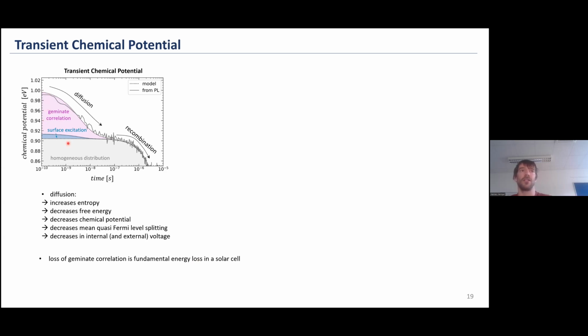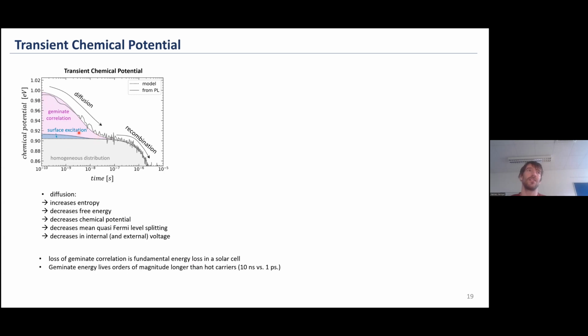It's quite large. And another remarkable thing, if you think of this geminate correlation energy, if you want to call it that, is that it lives pretty long. It decays at 10 nanoseconds here. For example, there's a lot of talk about hot carrier solar cells, but these hot carriers just live picoseconds.